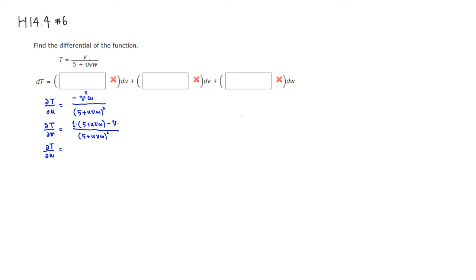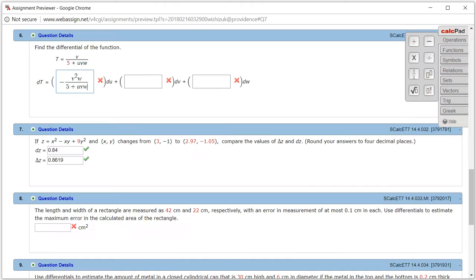So it's going to be uw. Then you can cancel this uvw here and a uvw there, cancel out. So you're just going to get, I think there's only 5 left over, quantity 5 plus uvw squared.